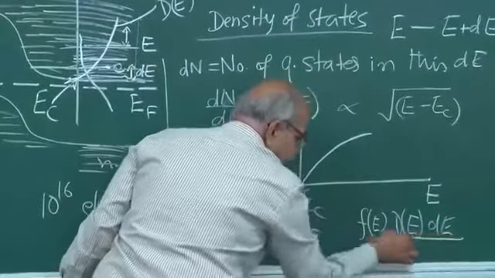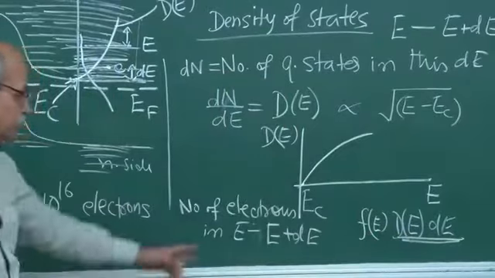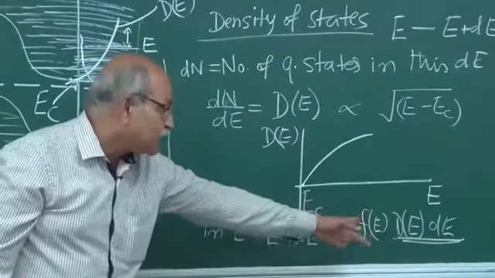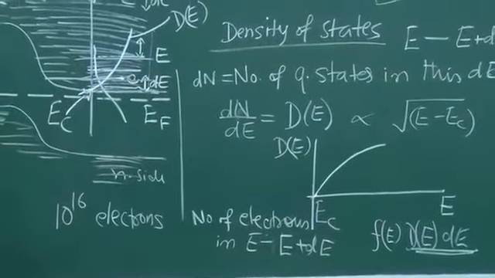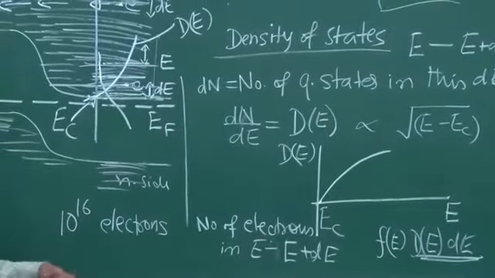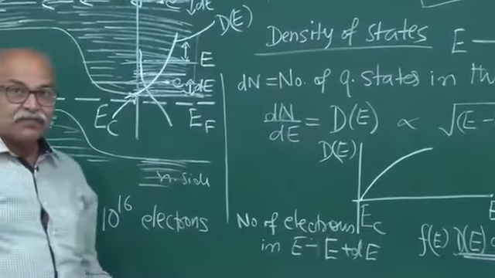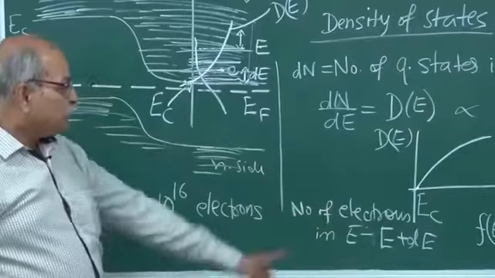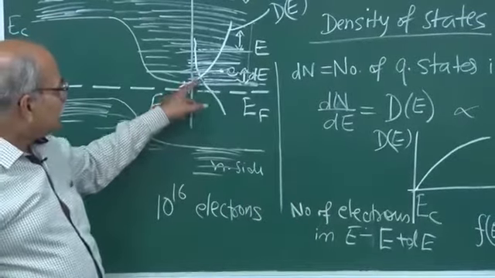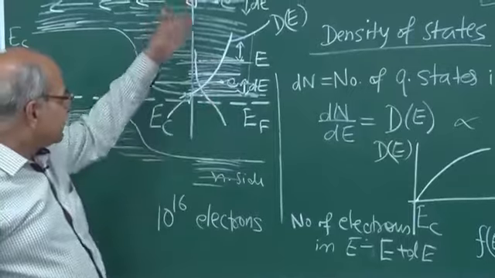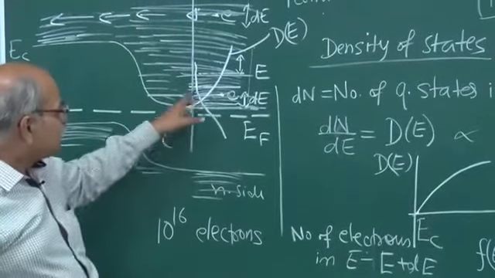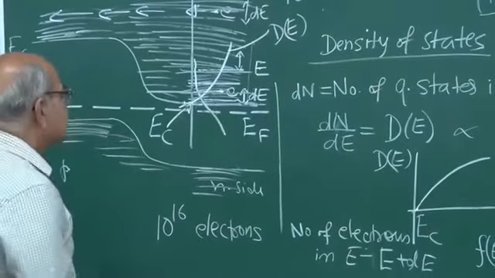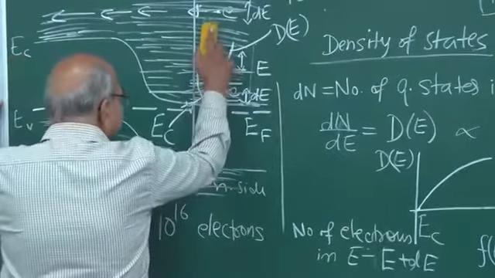This gives the number of quantum states in that energy range, and this gives the probability of each quantum state being occupied. So this will be the total number of quantum states occupied, or in other words, the total number of conduction electrons in that dE. So if you do that, one is increasing, another is decreasing as you go up. If you multiply them, what you will find is the following. Let me make some space here to do that.